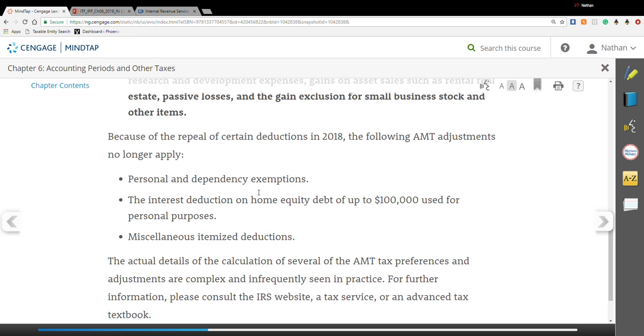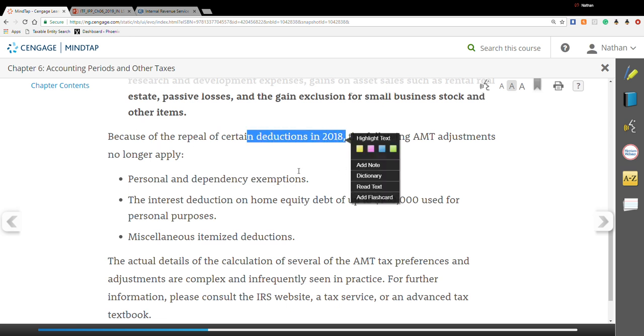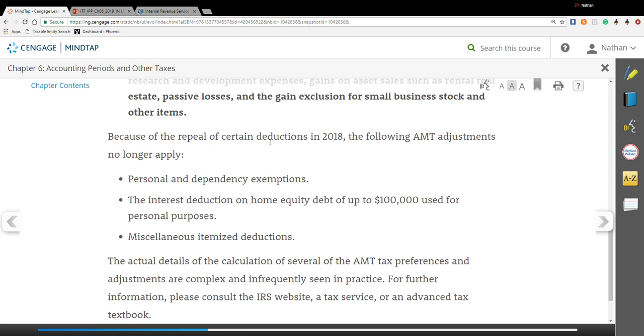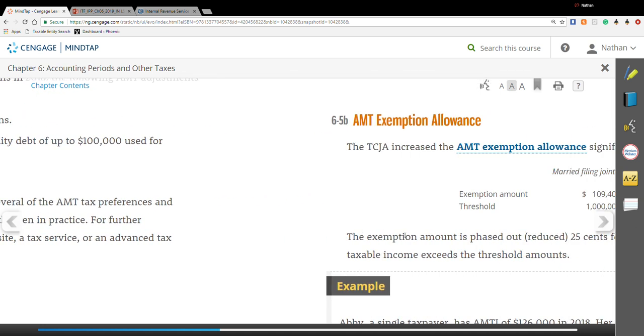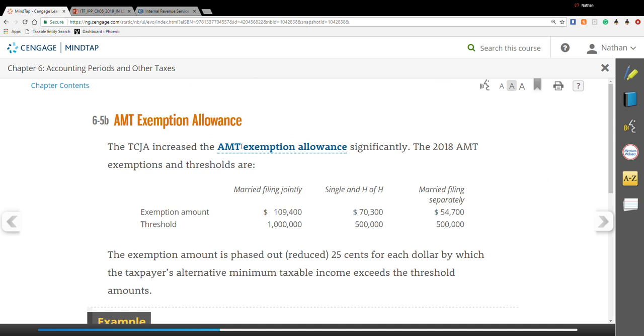And then here's, again, like I said, it changes so much. For certain deductions in 2018, the following AMT adjustments no longer apply. Again, this is stuff we've already gone through, so no worries on that. Again, it changes as we go.